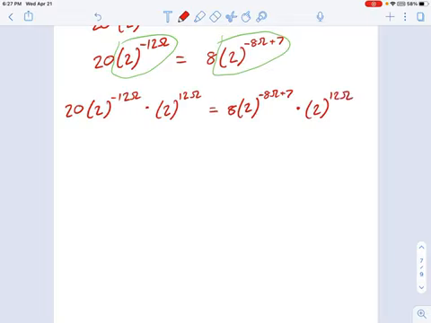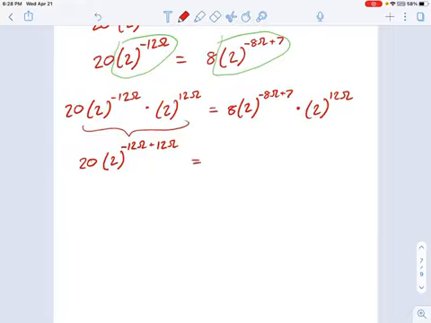But look at what's going to happen here. Because I am multiplying these two things together, I'm going to add the exponents. And that makes the left side 20 times 2 to the negative 12 omega plus 12 omega.